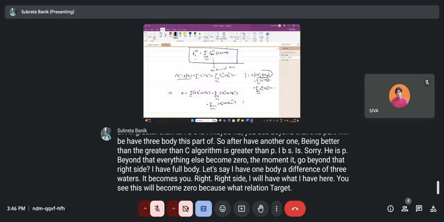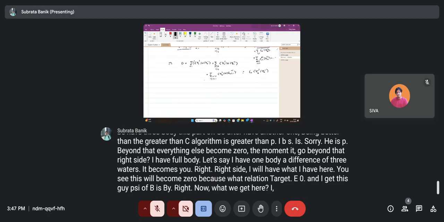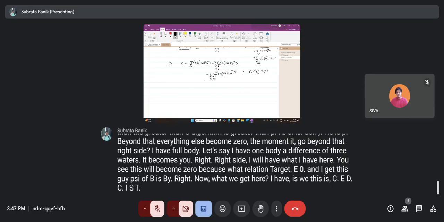So I get E0 and this psi of B S, psi of A R. Right? Now what do we get here? I have C_AB^RS, this is C_ABC^RST. This will give me the sum over A R of C_A^R, psi B S, H, psi A R.